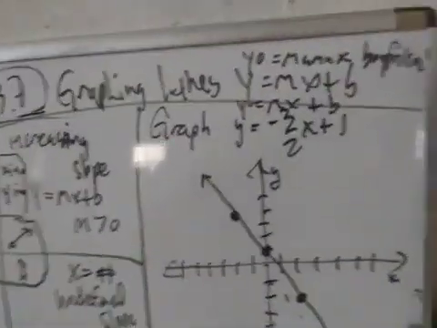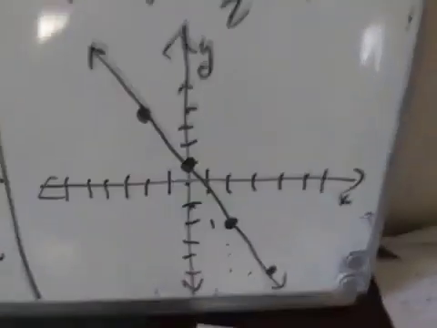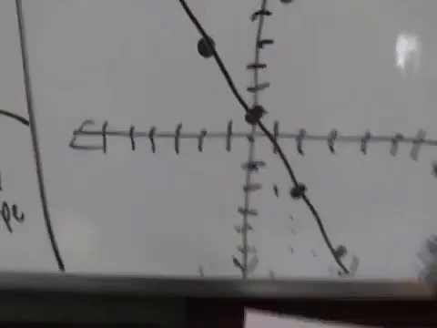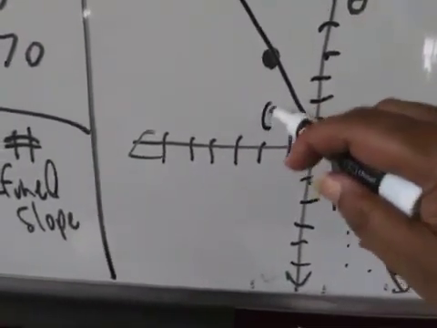And you can check some of these points too, by the way. Let's pop the cap off and check some of these, so you can see how this is working. So you will never have a problem with this ever again. This point right here is 0, 1.